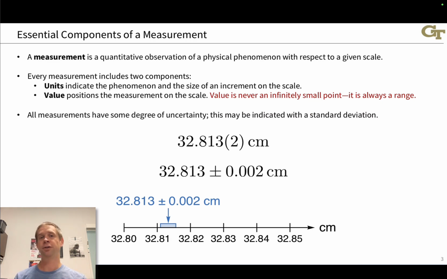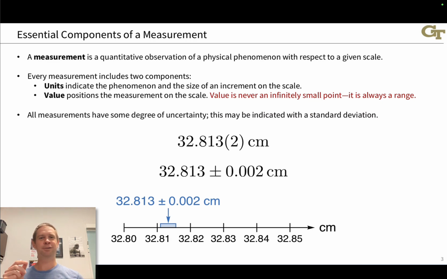But an important thing to understand here about all measurements is that the value is never a point. The value is never an infinitely small point. Every measurement we make actually refers to a range of values, since the precision of our measurements is not infinite, precision is limited, right?